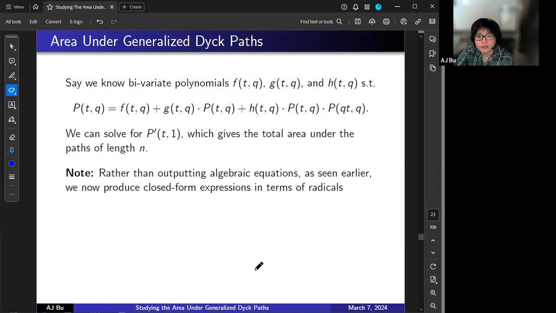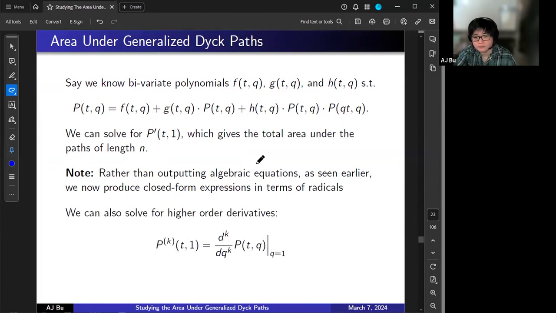So note that rather than outputting algebraic equations, which is what we were outputting earlier, we now are going to produce closed form expressions in terms of radicals. And then we can also solve for higher order derivatives, which we're going to denote with Pk of t1, which is going to be the kth derivative with respect to q of P of tq evaluated at q equals 1.